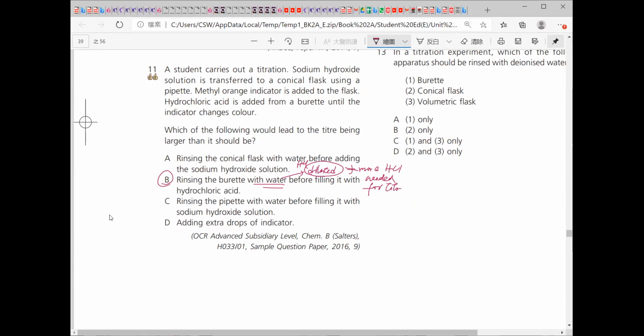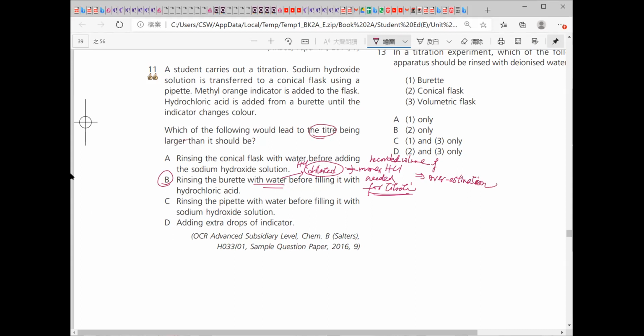More HCl needed for titration means more recorded volume. So more recorded volume of HCl is needed for titration, so it will lead to the overestimation of the results.